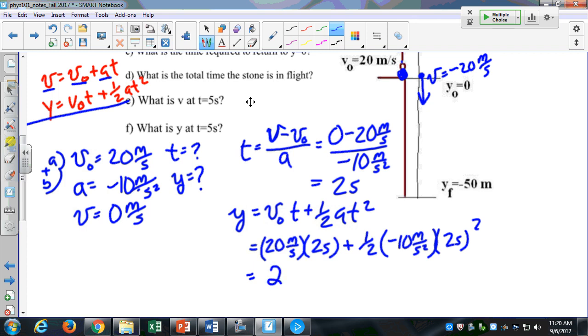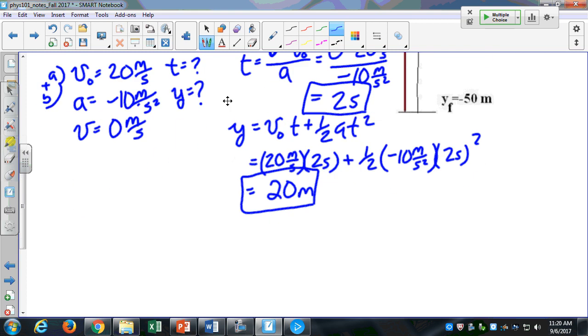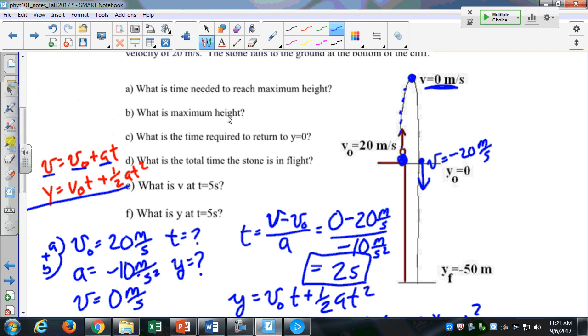Is that right? 1/2 times 10 times 4 is 20. So it gives me 20 meters. It comes out positive, which is good. It should come out positive the way we set up our coordinate system. So I can sort of have these little checks along the way. If it came out negative, you need to go back and say, oh, I made a mistake somewhere. But it came out positive because, well, this is how I set up my coordinate system. It starts there, and then it goes up here to positive 20 meters.